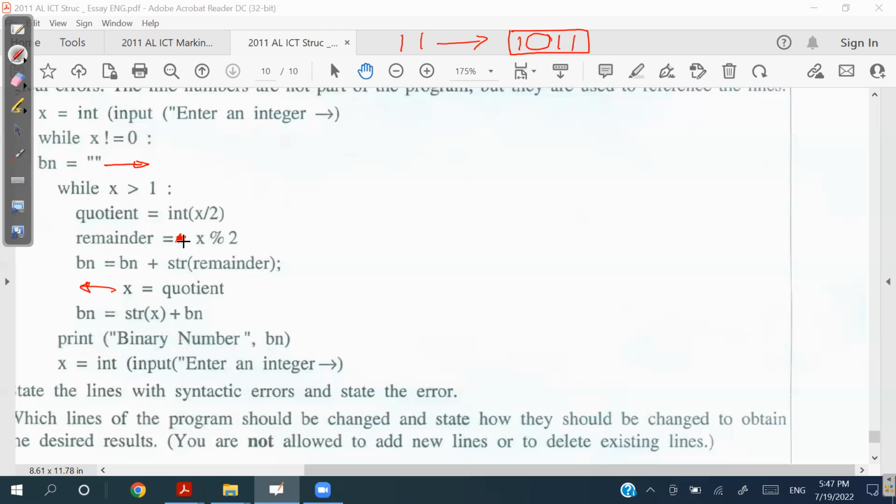Right? So first of all, they are asking for the values.